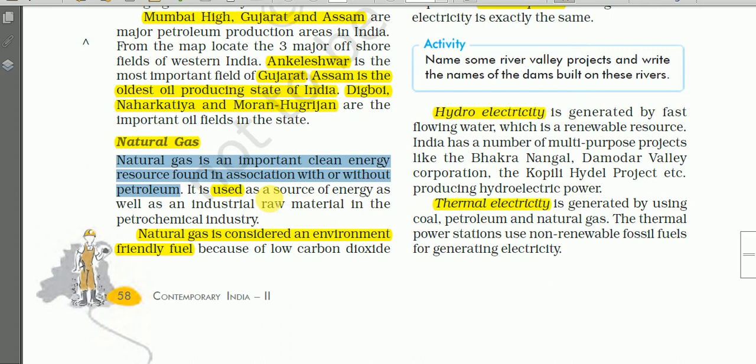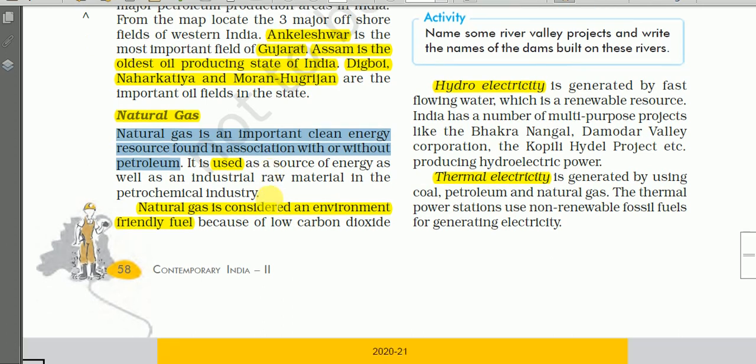The formation of natural gas is the same as that of petroleum; the process and the materials from which it is derived are the same. The uses of natural gas are also almost the same as petroleum. It is used as a source of energy as well as an industrial raw material in the petrochemical industry.